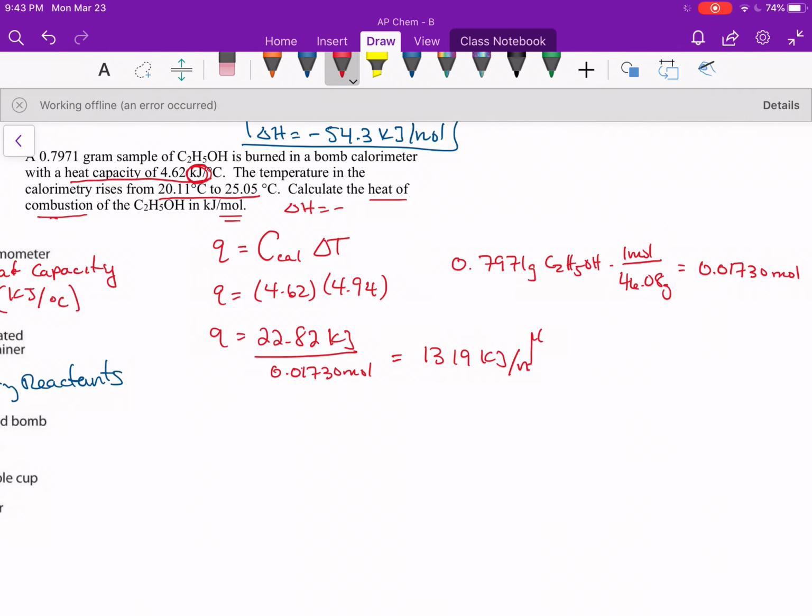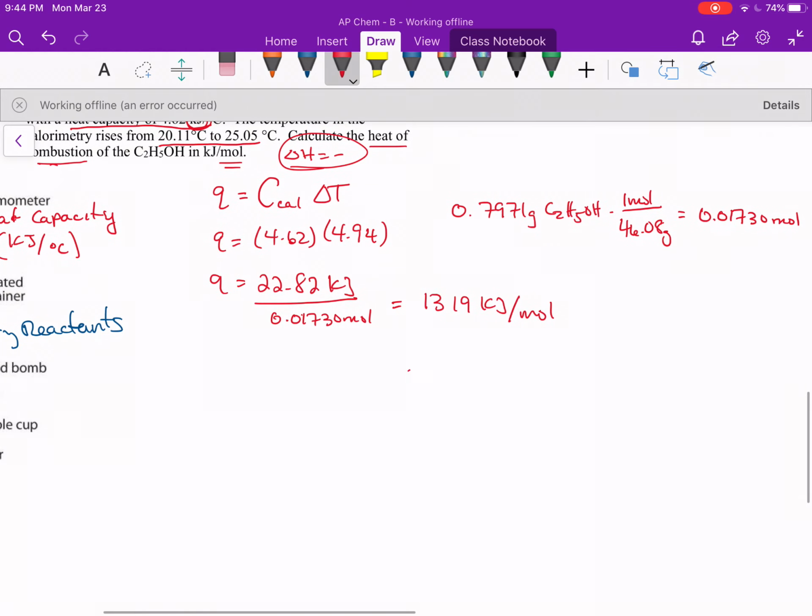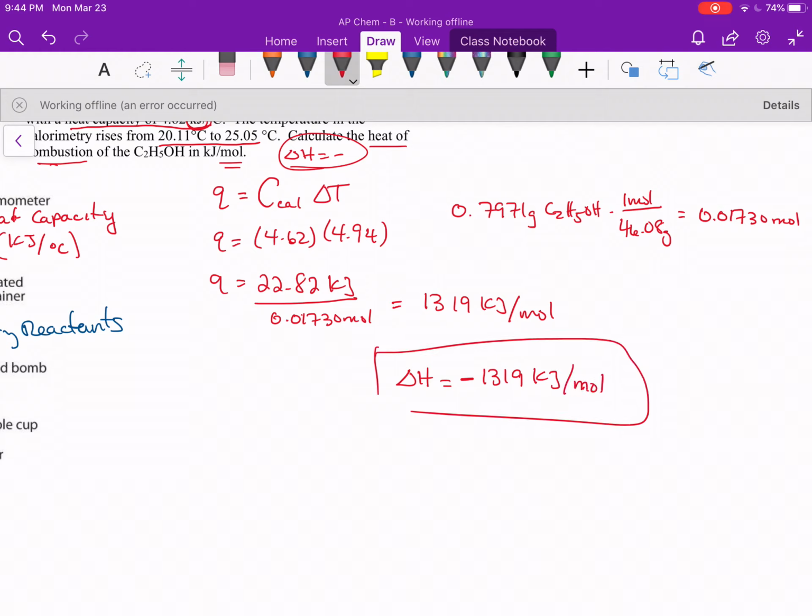But again, since the temperature went up, we determined that the reaction is exothermic. So now delta H we know is negative because the temperature went up, and that's going to be our 1319 kilojoules per mole. And that would be our delta H, or the heat of combustion for this particular substance.